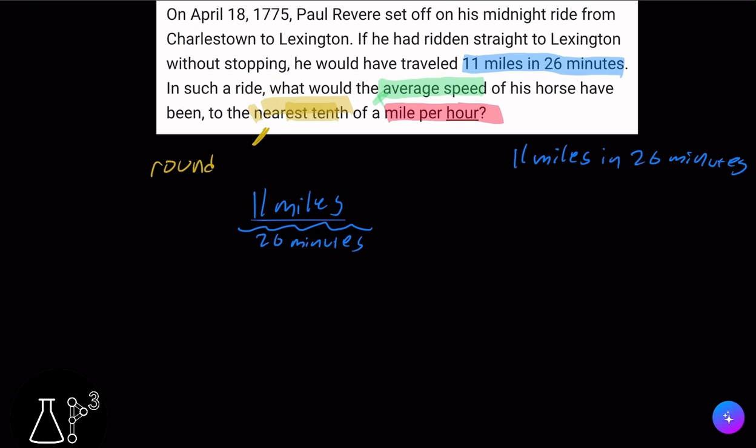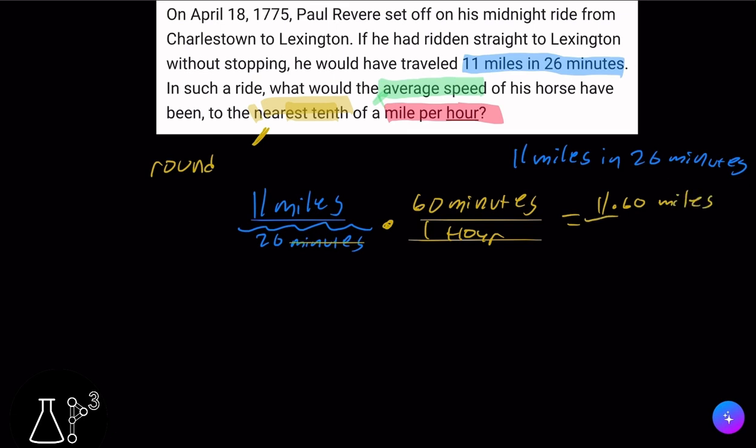Multiply by 60 minutes per 1 hour to cancel out the minutes, and we're left with 11 miles multiplied by 60, divided by 26 times 1 hour. The minutes cancel out, and this equals 11 times 60 miles divided by 26 multiplied by 1 hour.